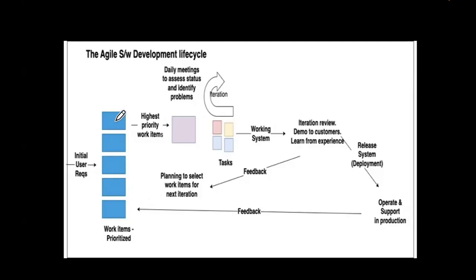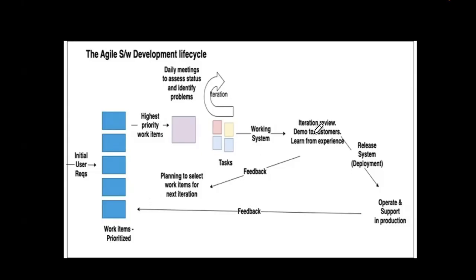We still have some more user requirements. Take the top ones, one or a number of user requirements off that stack, put them through this process of designing, implementing, and testing, demonstrate, add the new features to the current state of the application, demonstrate it to the customer, get some feedback.